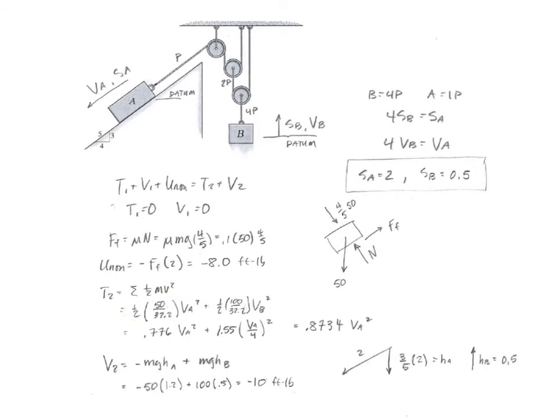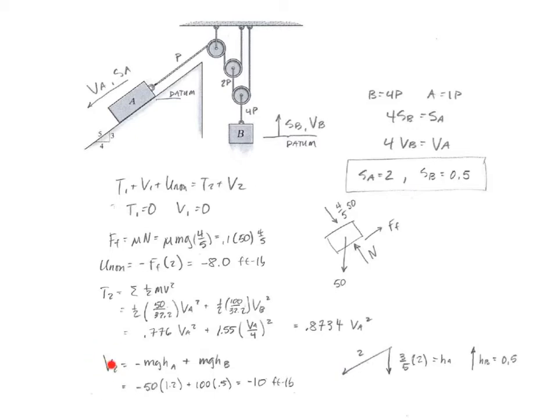And here's where the pulley ratio has to be understood: as this one goes down, this one goes up. If you look at this, this has got 4 p's, that's got 1 p, and you solve that for the distances and for the velocities. And when you plug the pulley ratios into the velocity equation, you just have to do it that way.